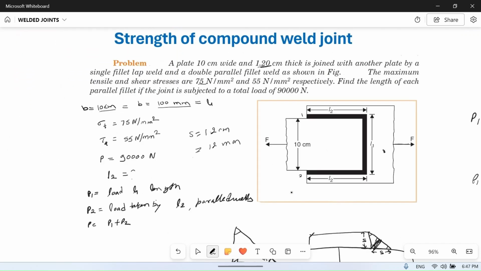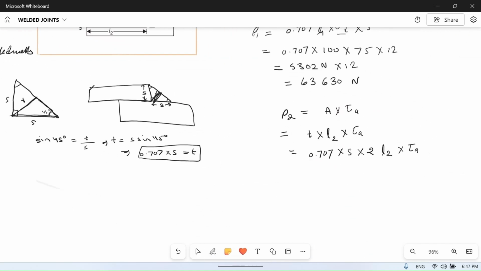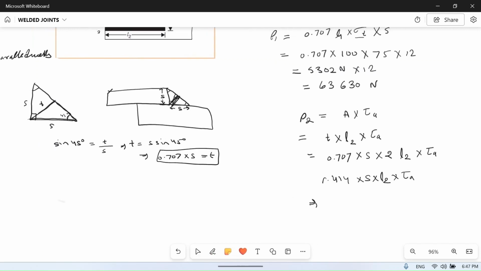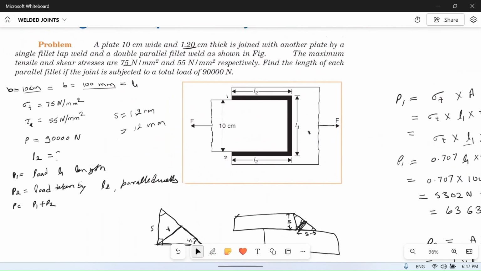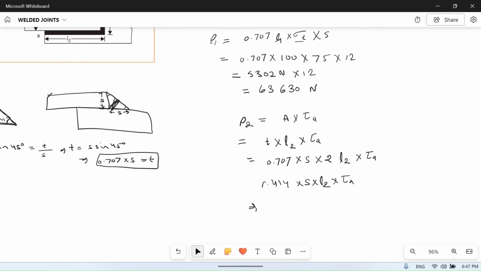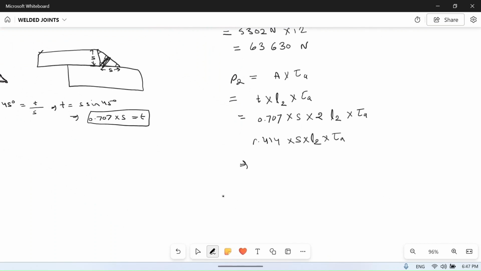So it will be equal to 1.414 into S into L2 into tau. So we have to find L2. So what is P2? Total load P was, as you see here, 90,000. Out of 90,000, 63,630 is taken by P1. So P2 is P minus P1, which is 90,000 minus 63,630.